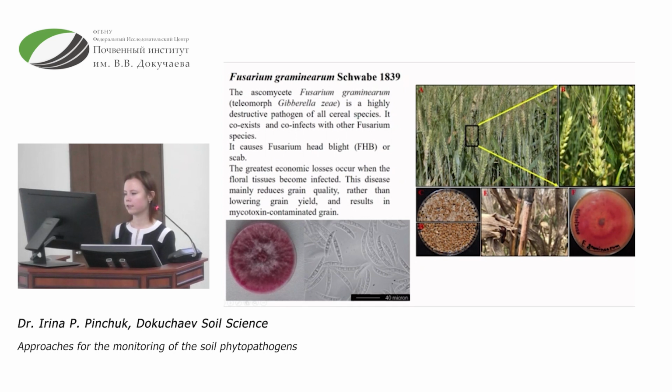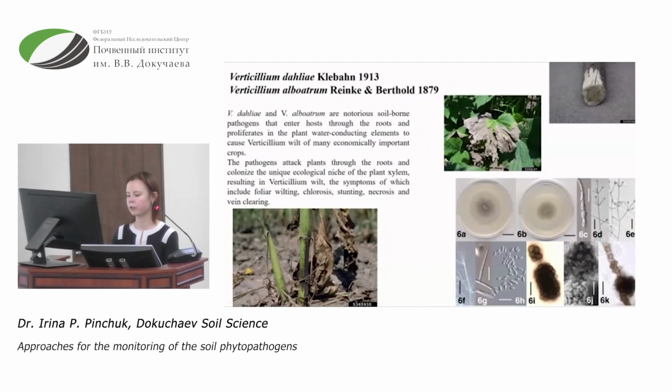You can see on the photo that it creates Fusarium head blight, and on photos C and D you can see how the grain differs. Also, I prepared how it looks on the Petri dish, and its macroconidia.